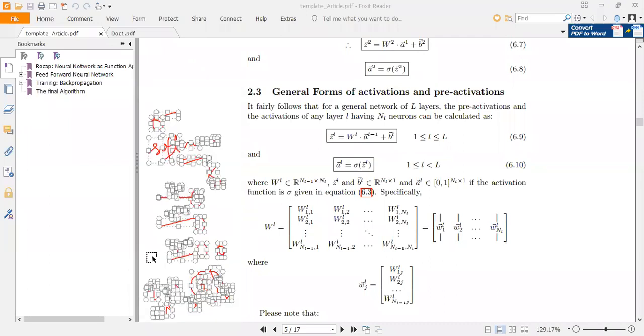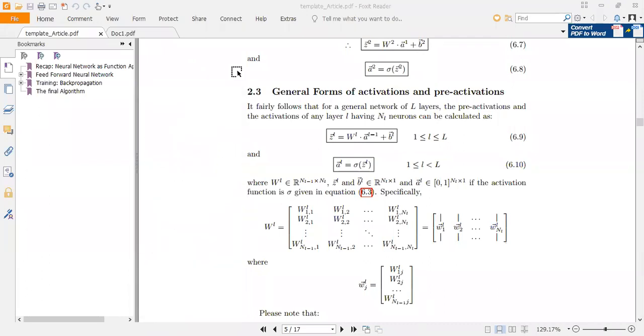As we did last time, we know the softmax activation. If we have this ZL equal to ZL1, ZL2, and so on up to ZLK, because there are K classes, we will have K neurons in the last layer, so K pre-activations.